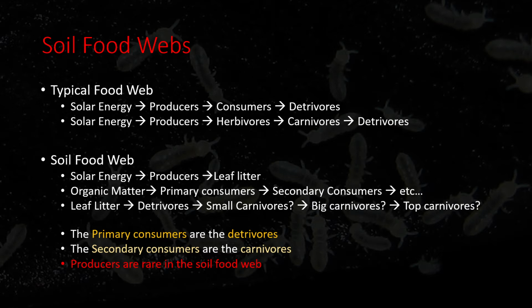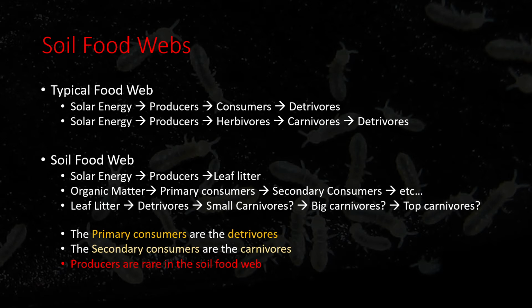Our secondary consumers are kind of like our tiny carnivores, the things that are eating the detrivores. And this keeps going. We have tertiary consumers that are eating the secondary consumers, and eventually you keep going until you get large enough organisms that things outside of the soil are eating them.